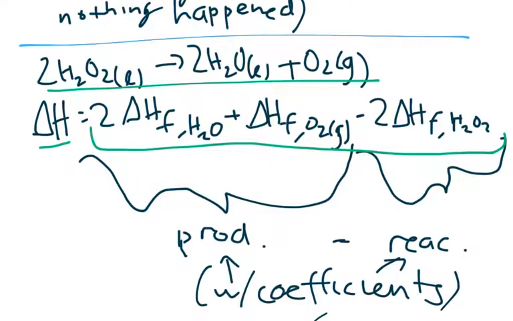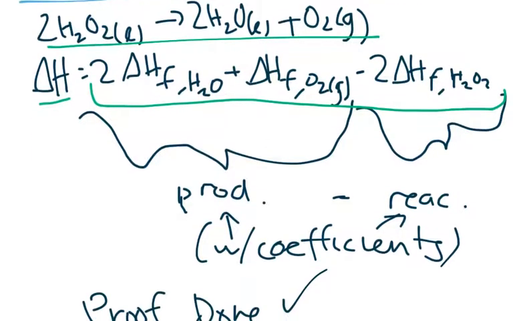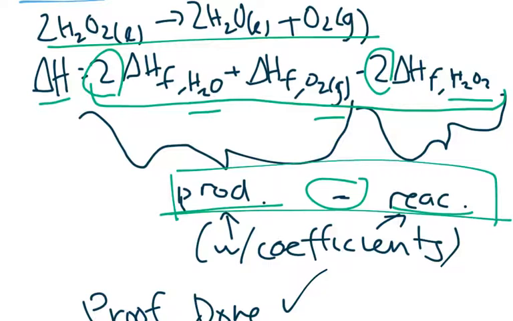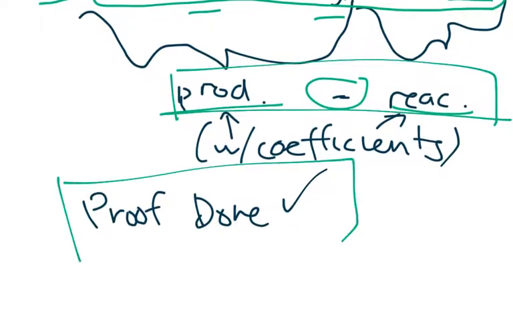So basically what I just said, and notice that this represents the products, our H2O and our O2, and the reactants will be the H2O2, and notice that the coefficients are all there. So products minus reactants is kind of emphasized here, and we have a proof done.